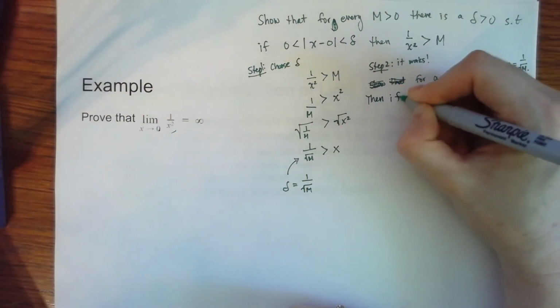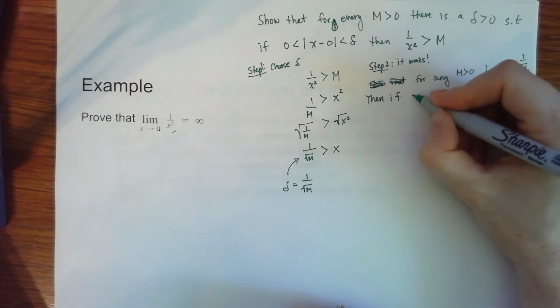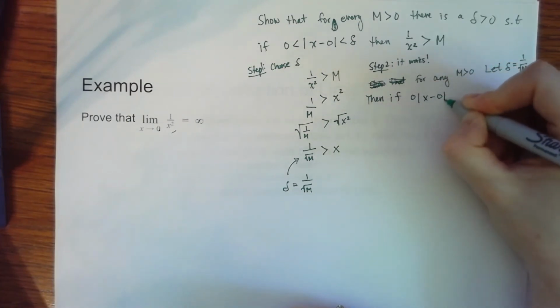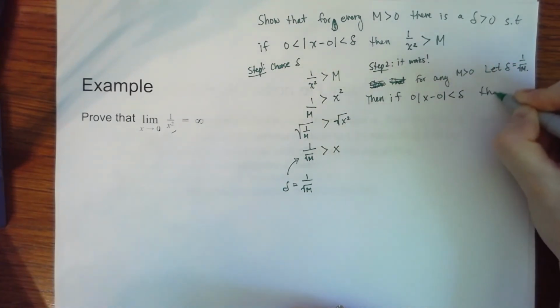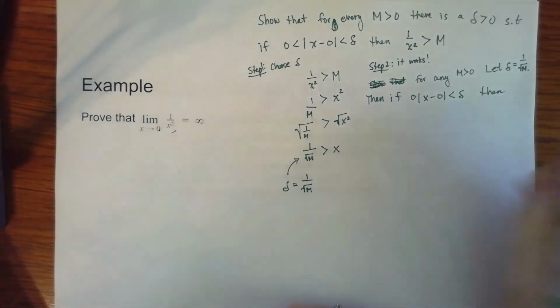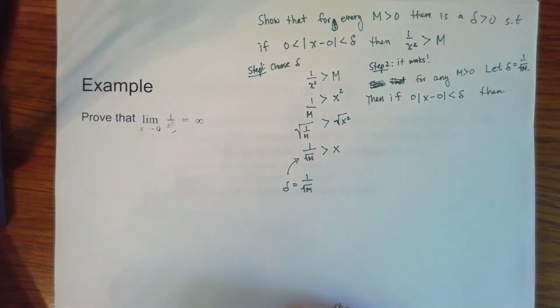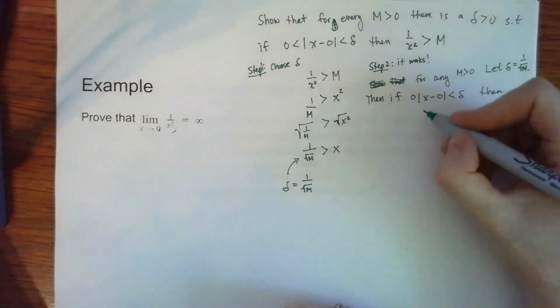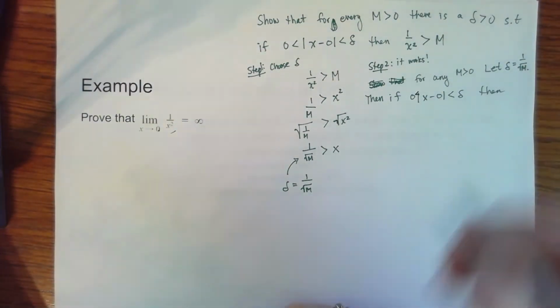Then if we have this, what's true? So we just have to follow this down and hope that we get to here. Oops, this is supposed to be like that.